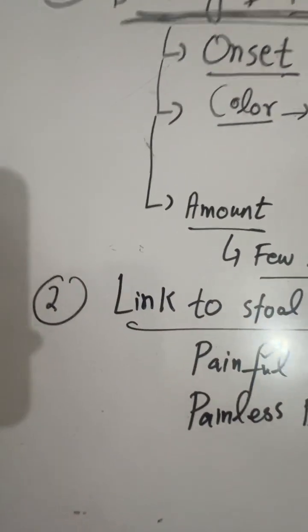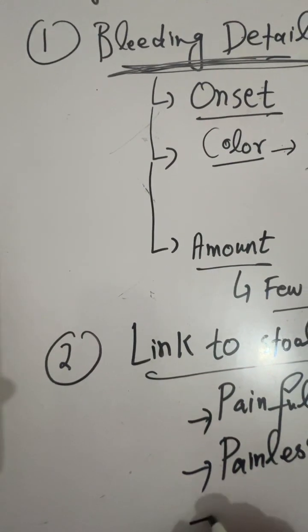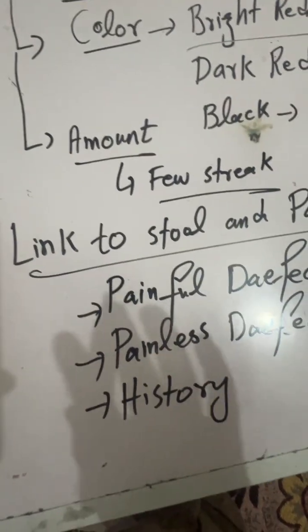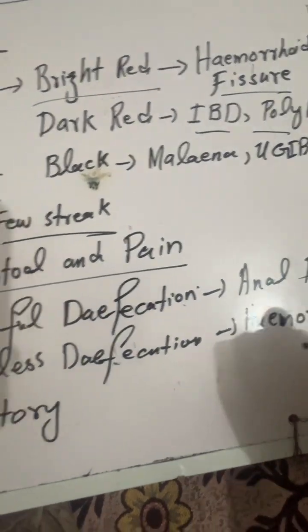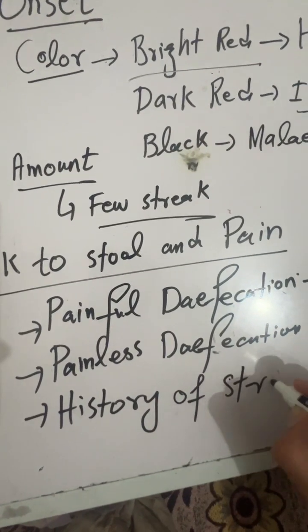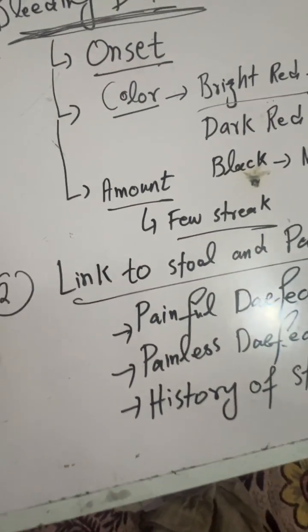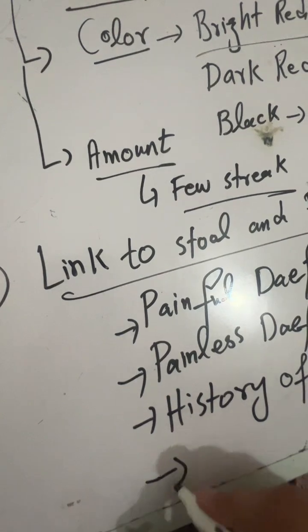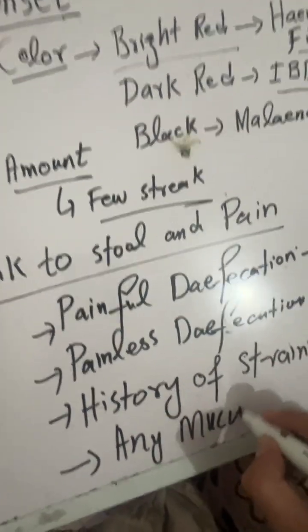Now we will also ask about the history of constipation, because constipation is one of the factors involved in anal fissure or hemorrhoids. So we will ask about any straining or constipation. We will also ask about any mucus or slime discharge in the stool.